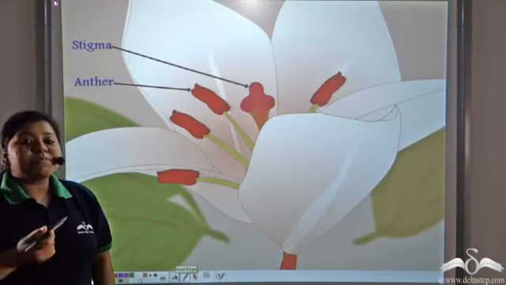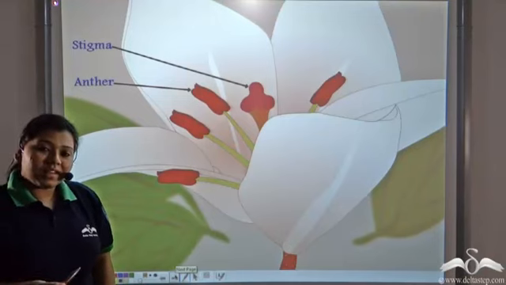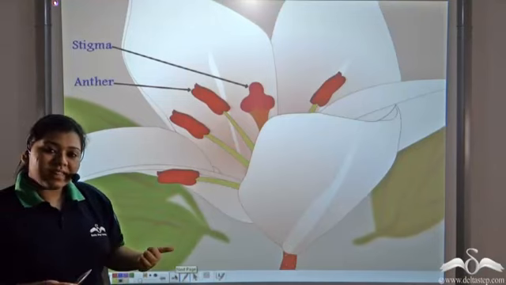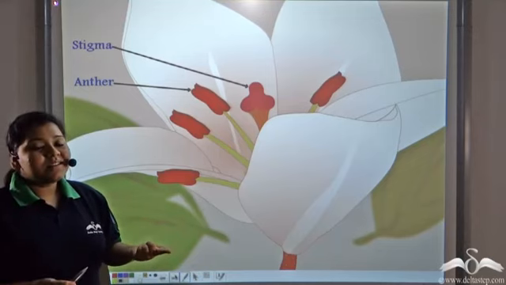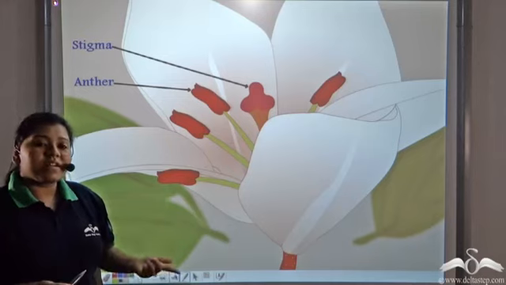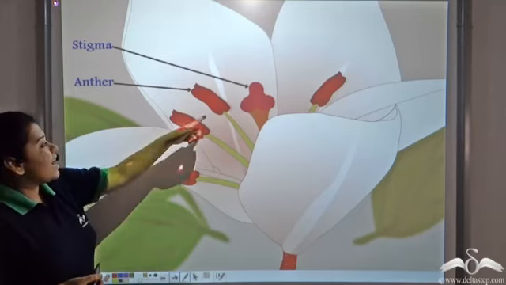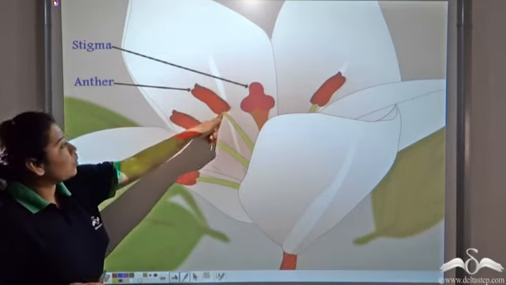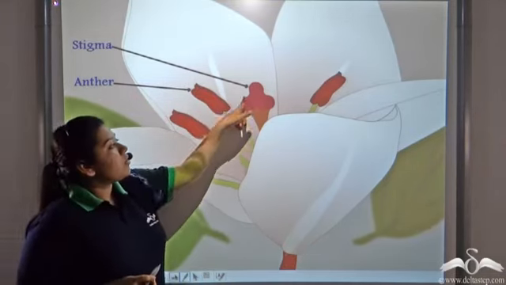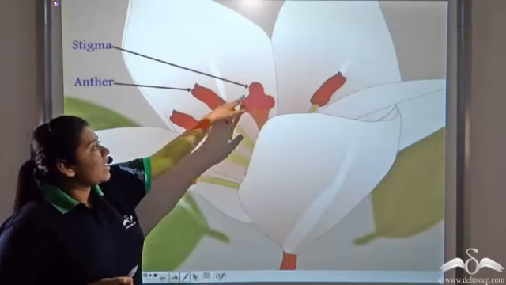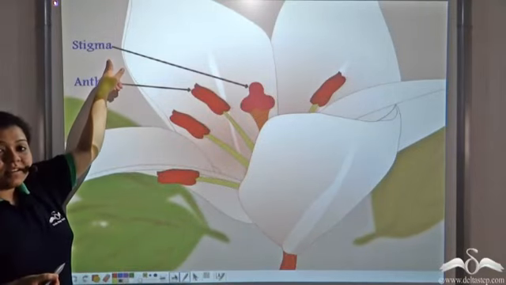The female reproductive part of a plant is known as the carpel, and the male reproductive part of a plant is known as the stamen. Now, the head of the stamen is known as the anther, and the head of the carpel is known as the stigma.